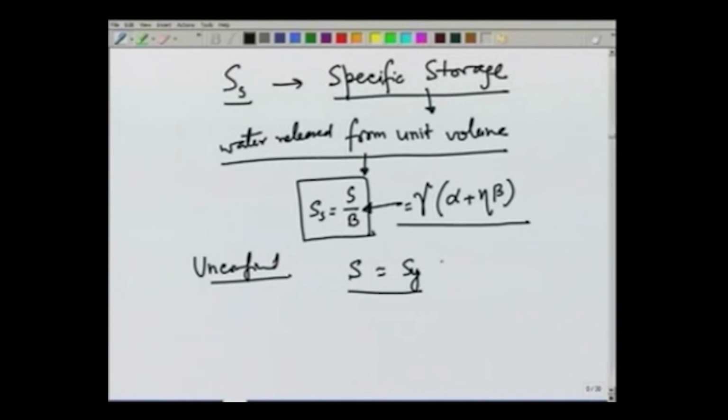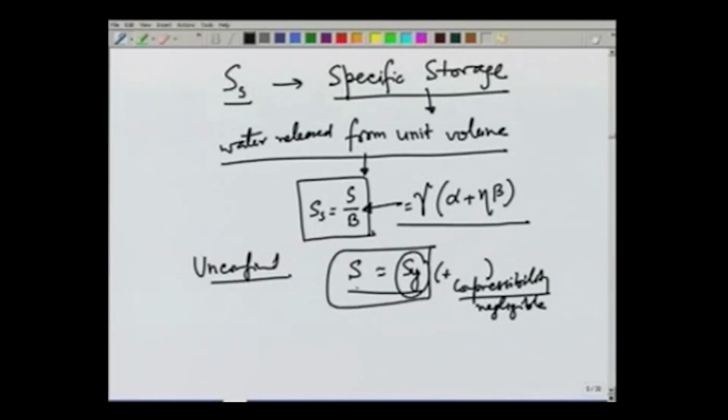Although there is a small component which comes from the compressibility, typically it can be ignored with respect to Sy. So, compressibility terms are generally negligible, and therefore, for unconfined aquifer the storage coefficient S is taken as Sy.